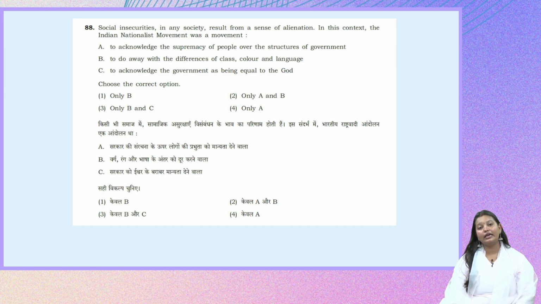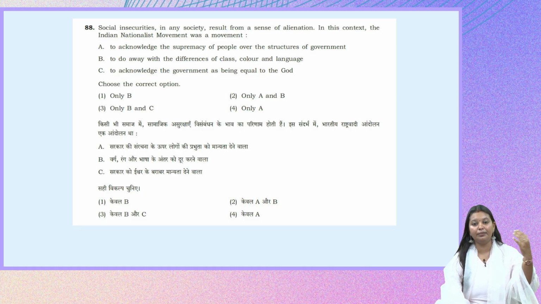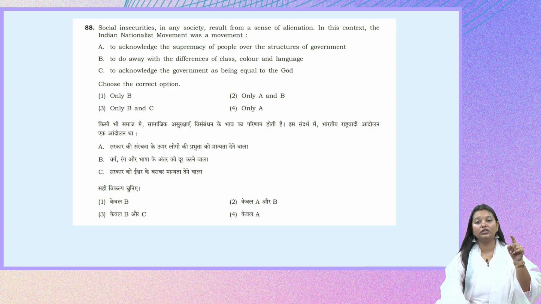So, let us again go back to what the question is asking us. Social insecurities in any society result from a sense of alienation. So in this context, the Indian nationalist movement was a movement which was acknowledging the supremacy of people over the structure of government, and also they wanted to do away with the differences of class, color, and language.